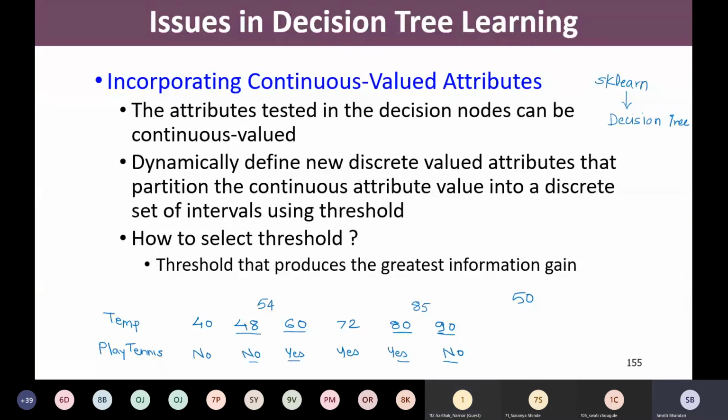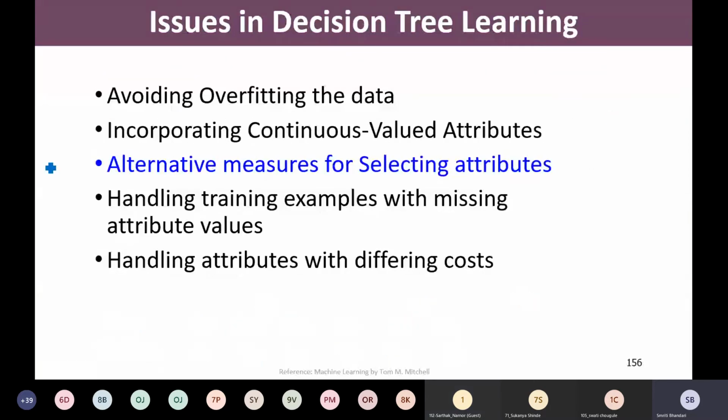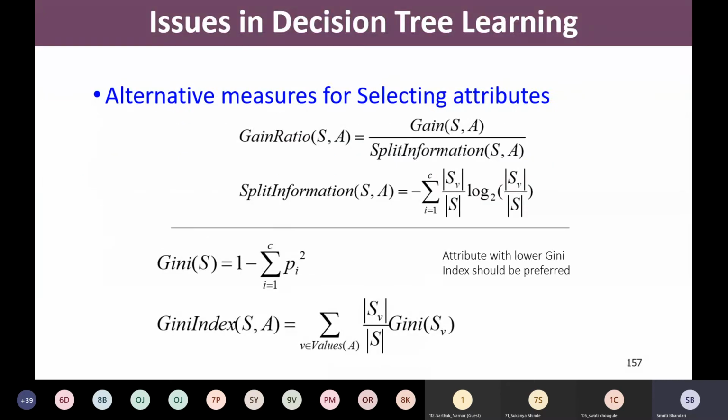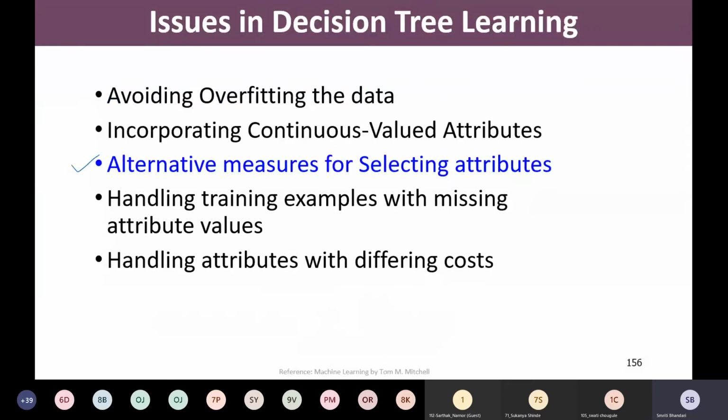So this was the second issue, and let us go to the next issue now. Alternative measures for selecting the attributes. In the ID3 algorithm, we have seen the parameter that helps us pick our decision node. And what was that parameter? It was information gain.